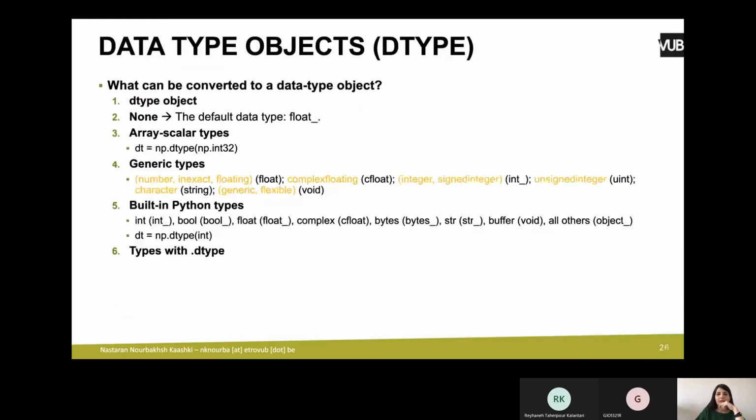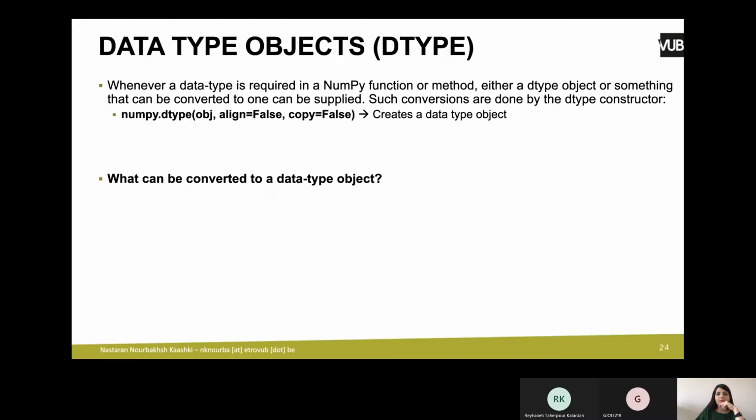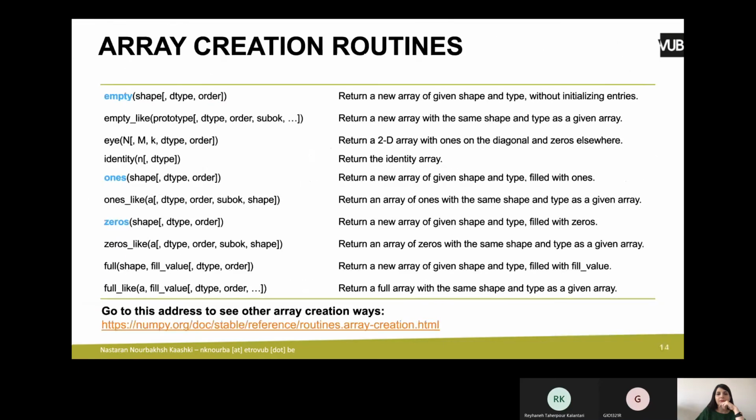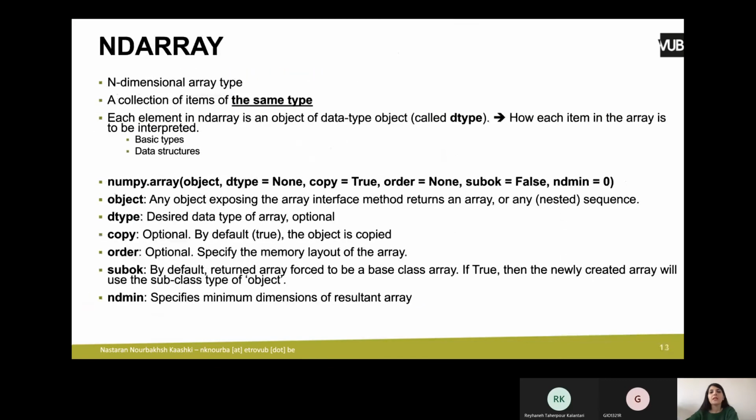Okay, I should have put one example in this slide, but I forgot. So the order defines how you will store your array in the memory, row-wise or column-wise. What is subok? By default, it is false, and it says whether the resulting array will be an instance of a child of this object or not.